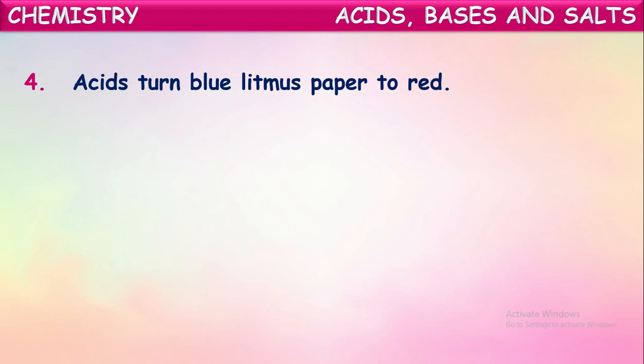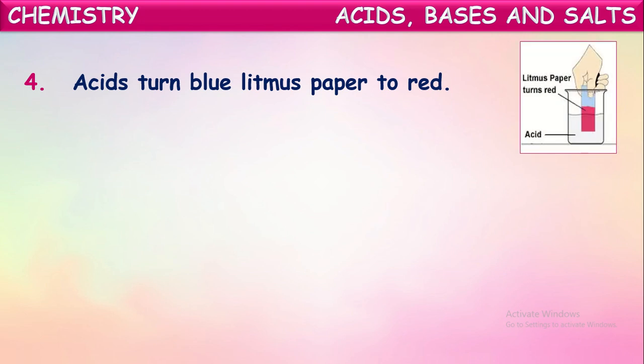Another property is that acids turn blue litmus paper to red. If you take a dilute solution of a certain acid and dip a blue litmus paper into it, immediately it turns red in color. That is actually one of the tests for identifying acids.